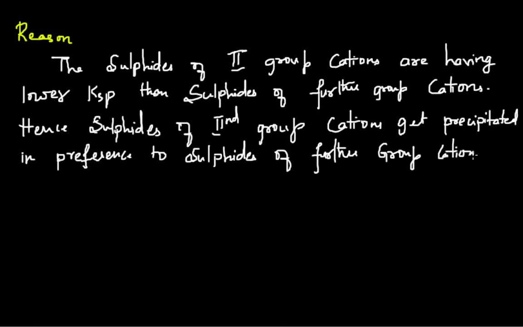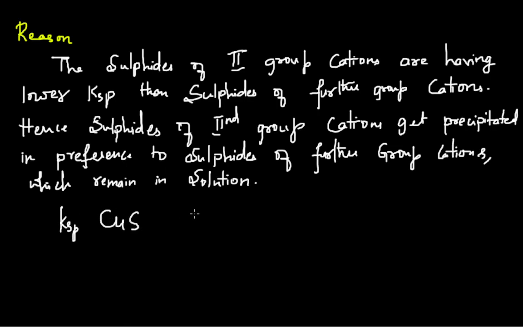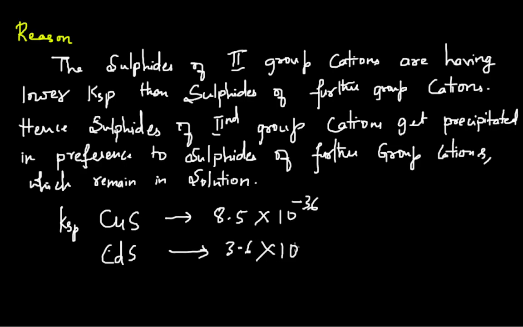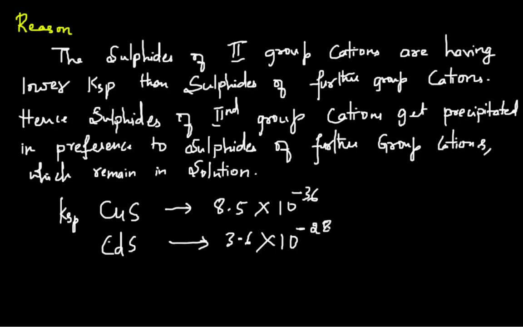Further means group 3, group 4, group 5, group 6 cations which remain in solution. So for example, if you take the solubility product KSP of copper sulfide, you know how low, it is 8.5 into 10 to the power minus 36. If you take CdS cadmium sulfide, it is 3.6 into 10 to the power of minus 28. Very low solubility product. That is why these get precipitated in preference.